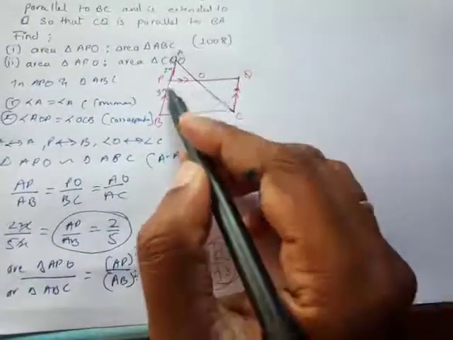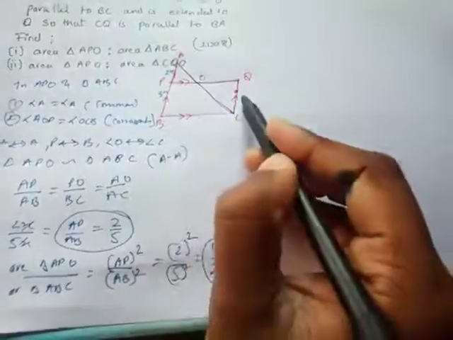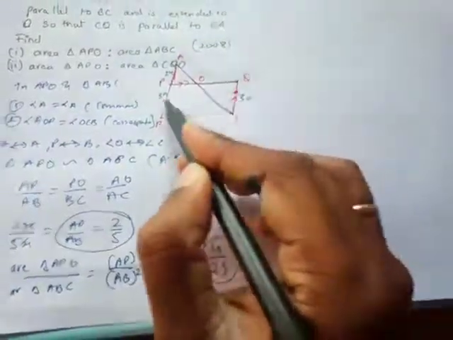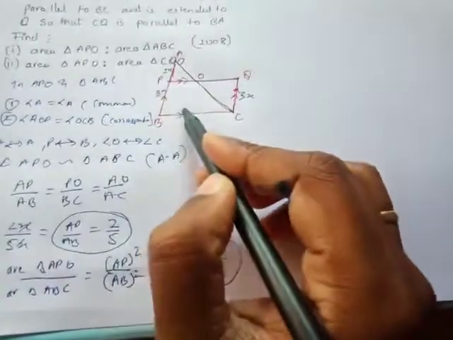After proving them similar, you should know if this is 3x, this is also going to be 3x, because they are a parallelogram, और parallelogram में opposite sides are equal.